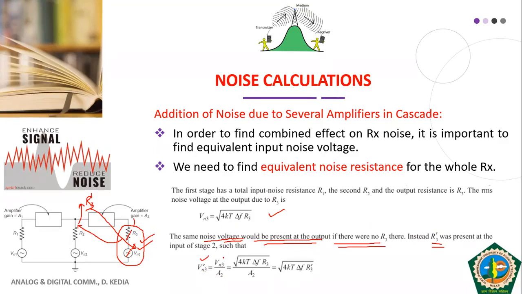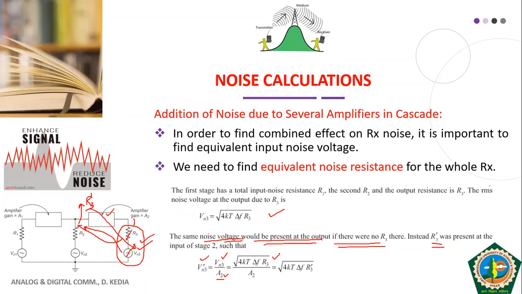That will be Vn3 by A2. Obviously, this is the gain of the amplifier. We know that as the signal travels, the gain is multiplied. So if we shift this Vn3 voltage from output to the input side, it will be divided by its gain. So Vn dash 3 is equal to Vn3 by A2.